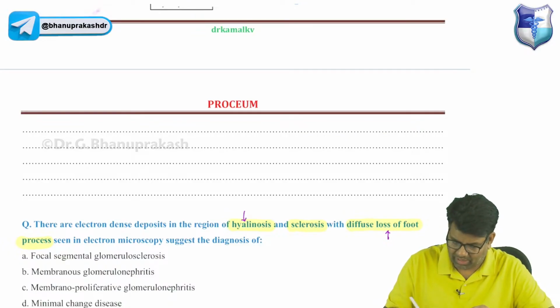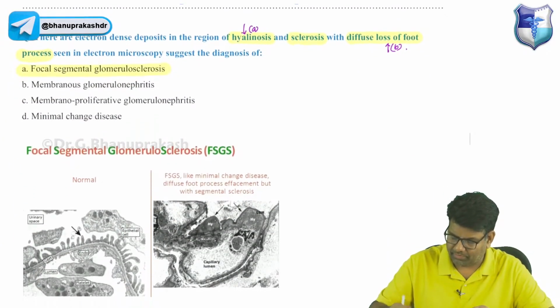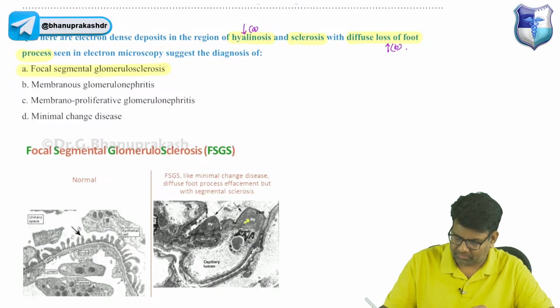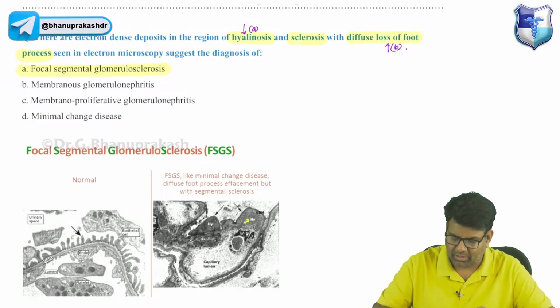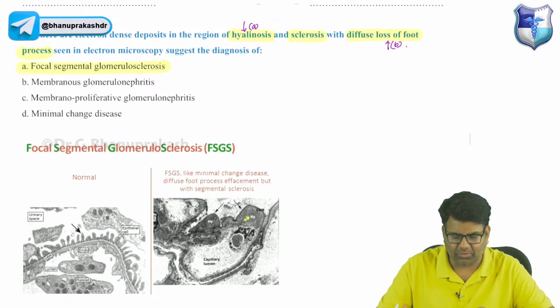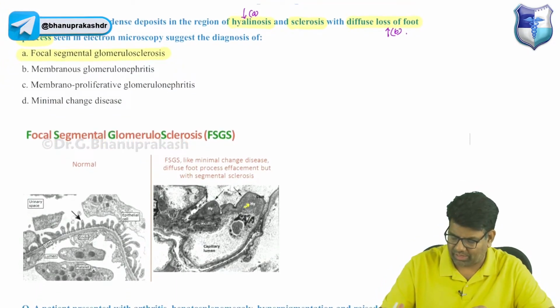Therefore, your answer will become FSGS. Very good. Consider both the entities. So, hyalinosis, you can see this is hyalinosis and there is effacement of the foot processes, podocytes. That is FSGS. Yes, you are right.